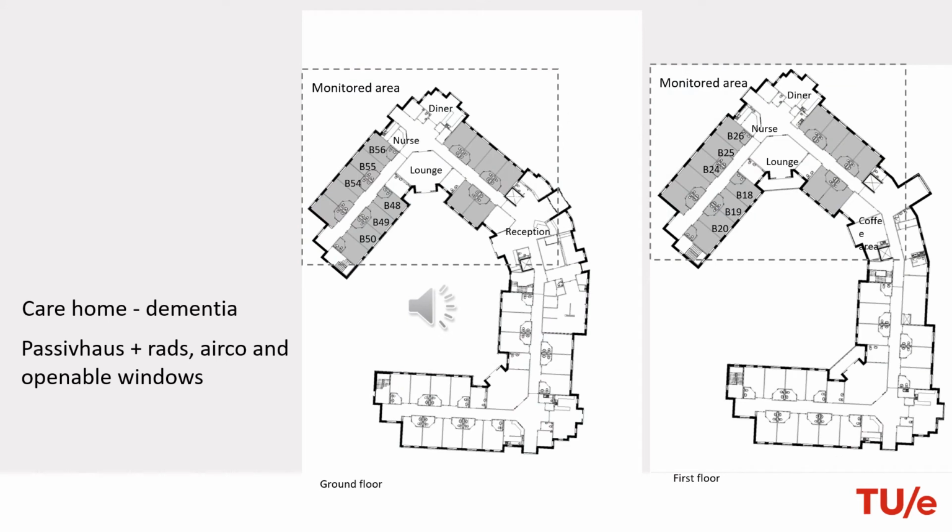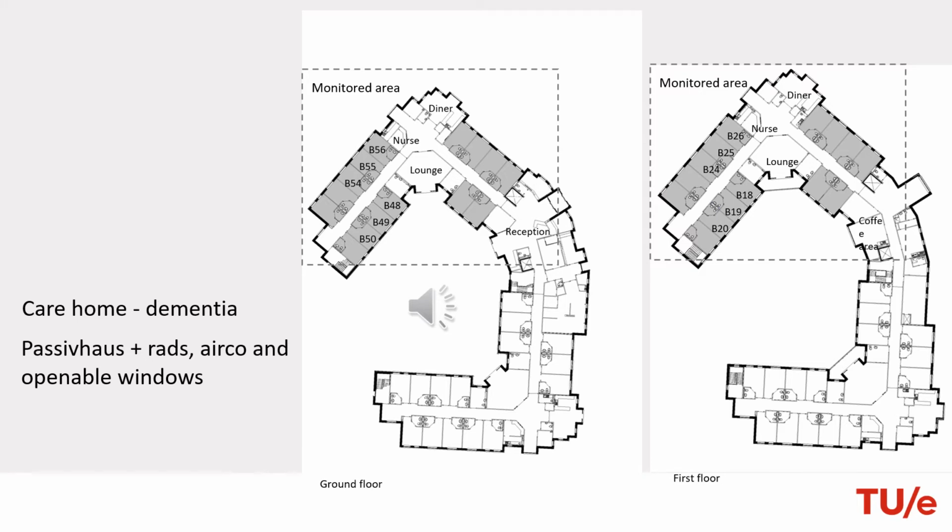And we applied this methodology to this building, which is a care home in the UK. It's a passive house, and the special thing is that it specializes in dementia. This building was already monitored a few years ago, and we had a lot of both quantitative and qualitative data, so we wanted to apply this method to it.